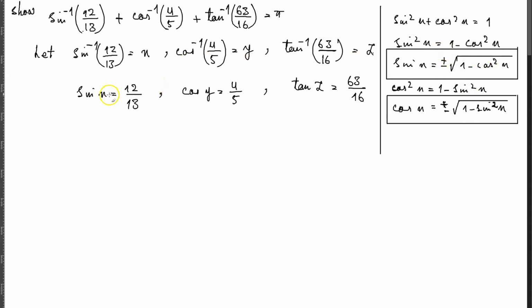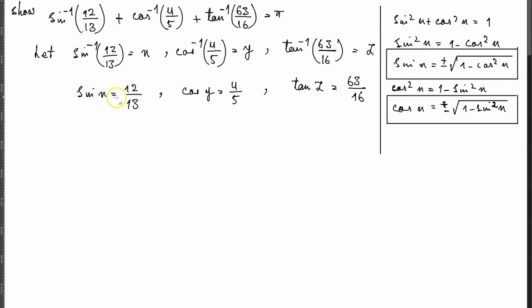Now, again, we need to decide whether we need to take the positive or negative side. I know that sine x is some positive value, and again, we restricted the domain of the sine function to negative pi by 2 to pi by 2, and that basically means that since sine of x is equal to a positive value, that angle has to be in the first quadrant, like what we discussed in the previous example.